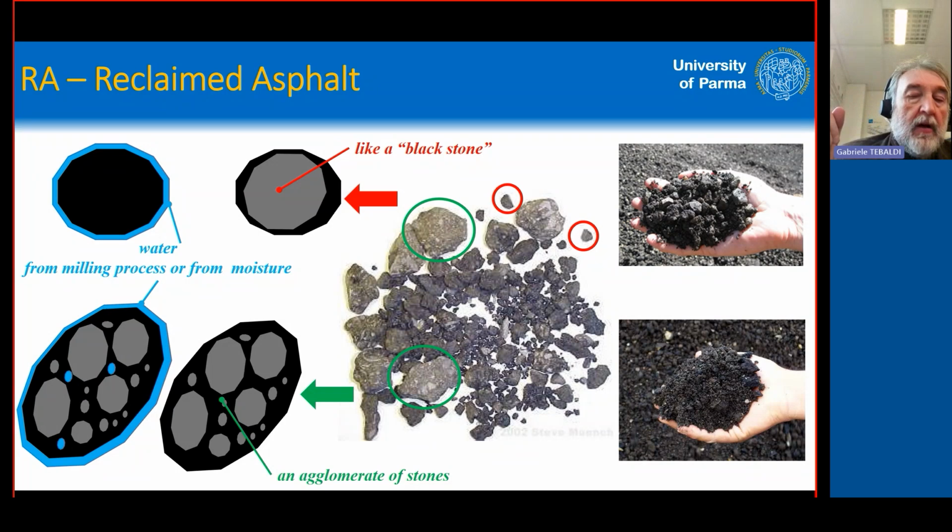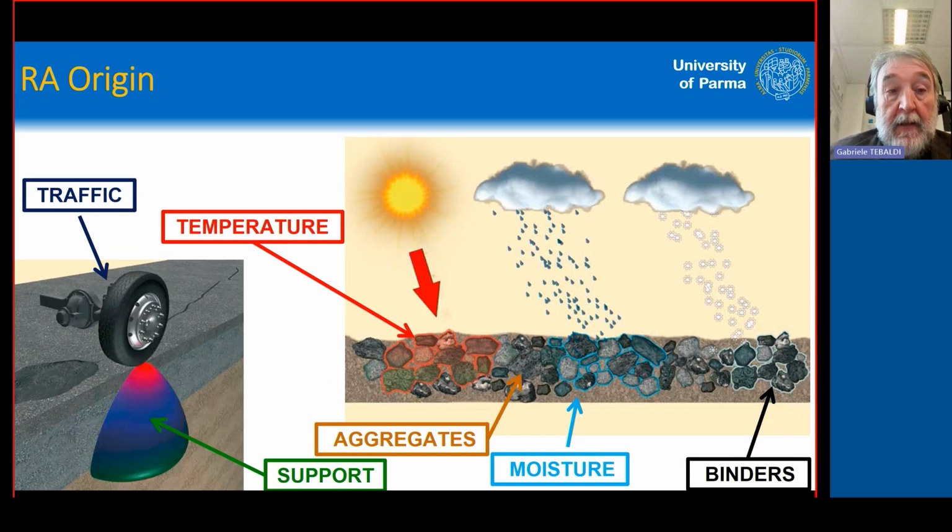On the other side, we have just one condition: no light, no rain, and the same temperature. It is an extreme example, but if you keep it in mind, you can understand the difference that we may have in material that not only comes from the same road, but in some cases from different roads.